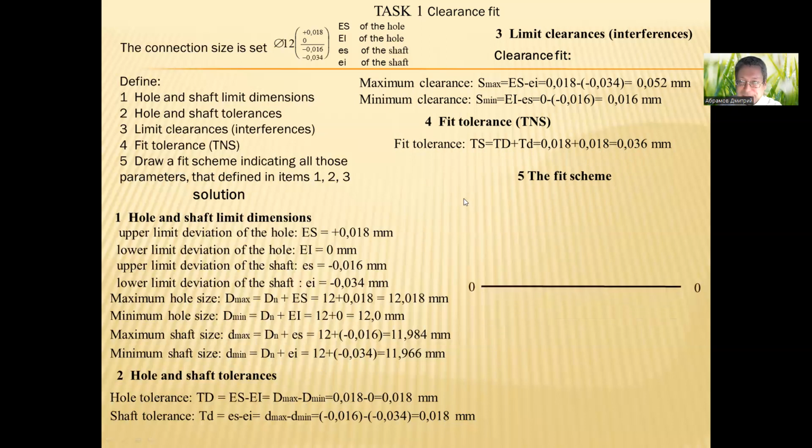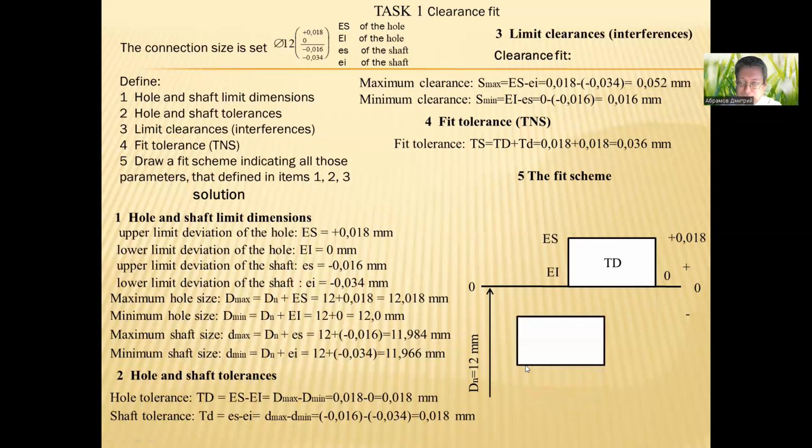And 5. Draw a fit scheme indicating all those parameters that define in item 1, 2, 3. The first scheme, the fit scheme, zero line, plus minus, nominal diameter 12 millimeters, tolerance field of the hole, big ES and big EI, big TD, tolerance field of the hole, and tolerance field of the shaft, small es, small ei. Small es is equal minus 0.016, minus 0.034, it's small ei, lower limit deviation of the shaft.